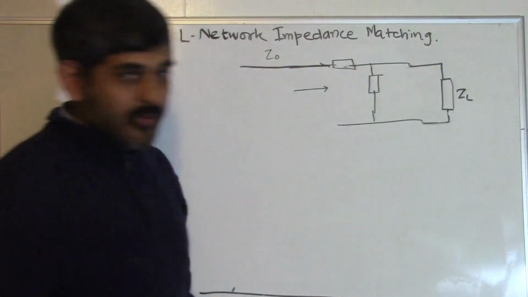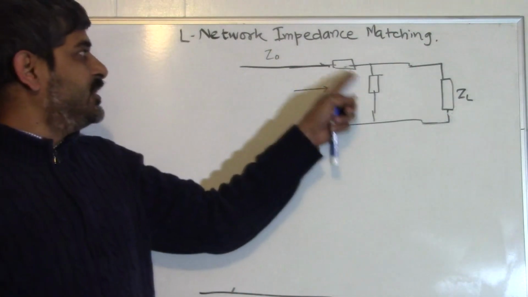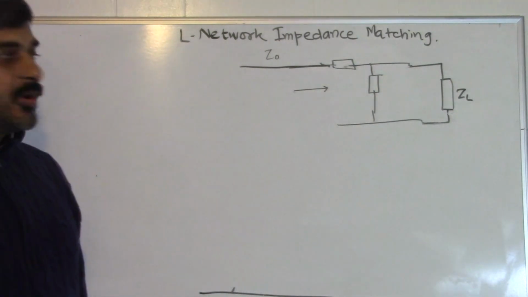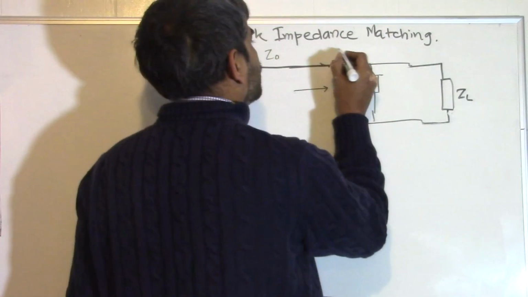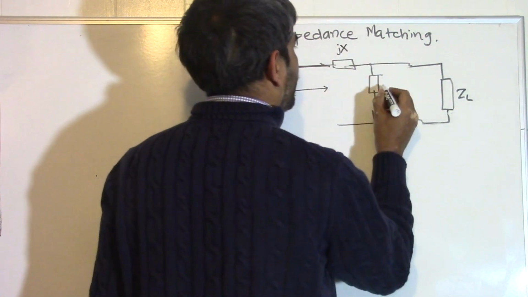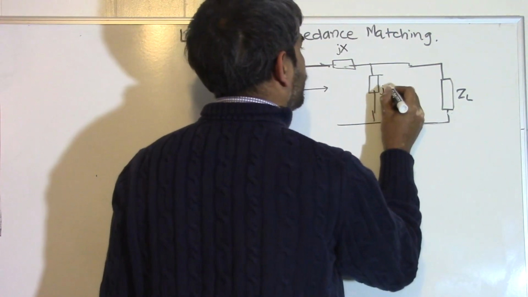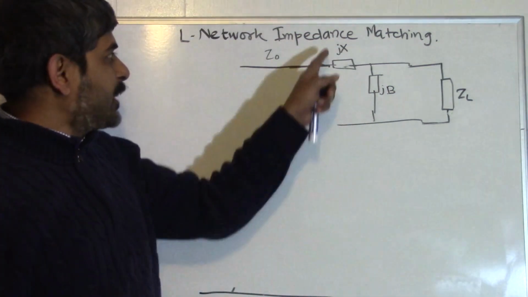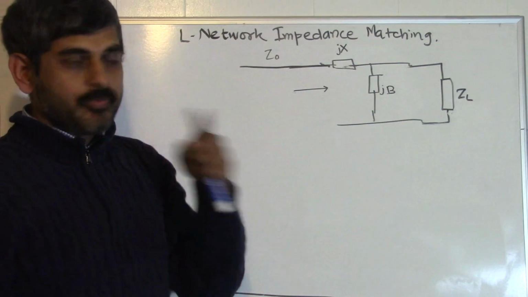We will first derive what the values of these elements are, and for this we denote this element as jX and this element as jB. jX is the complex impedance of this element.